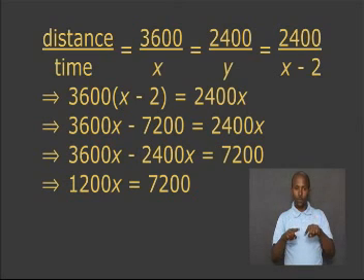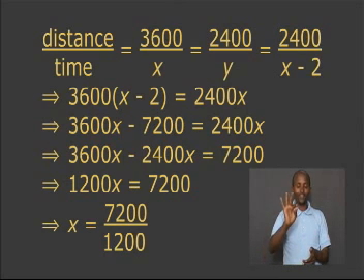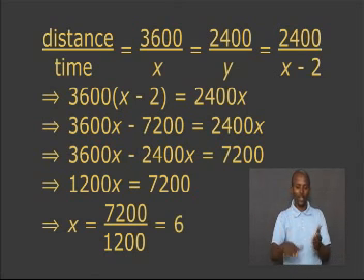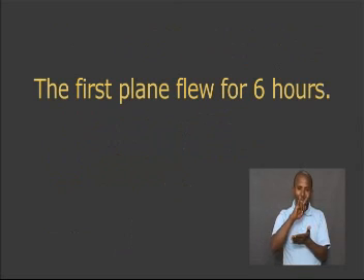When we solve for x, we find that 7,200 divided by 1,200 equals 6. So the first plane flew for 6 hours.